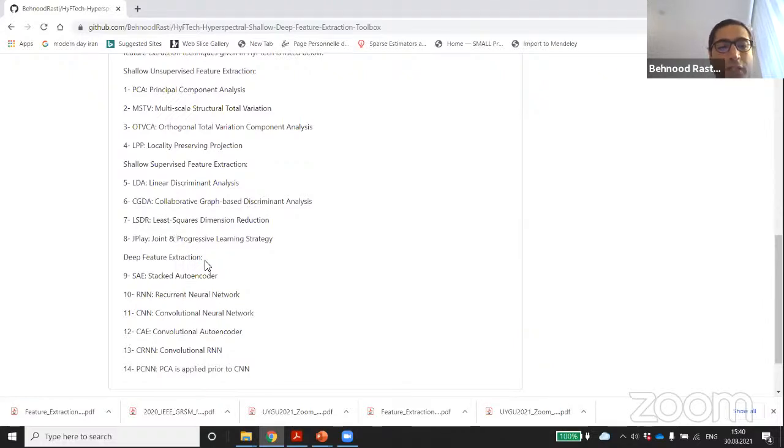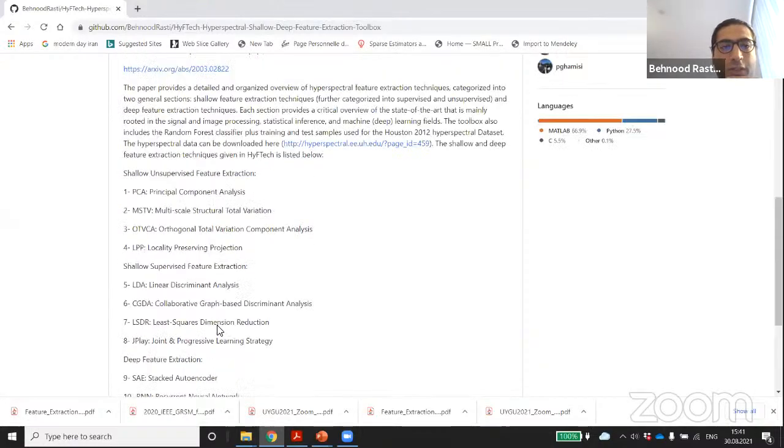And then the deep feature extraction techniques that we discussed: stacked autoencoder, autoencoder, recurrent neural network, convolutional neural network, CNN, convolutional autoencoder, and convolutional RNN, and PCA-CNN, which is where PCA is applied prior to CNN. I don't think we provided this, but you can easily apply PCA prior to your CNN.